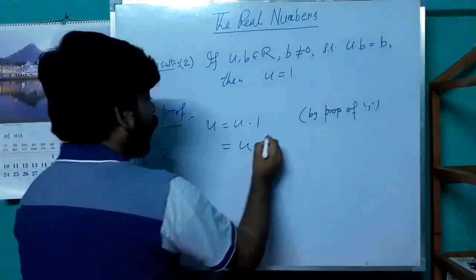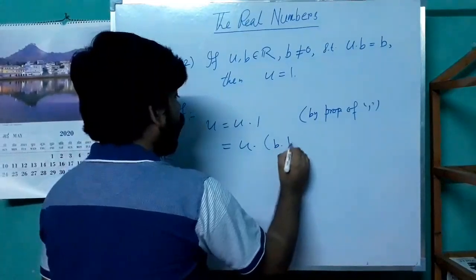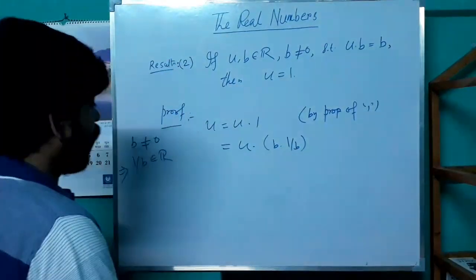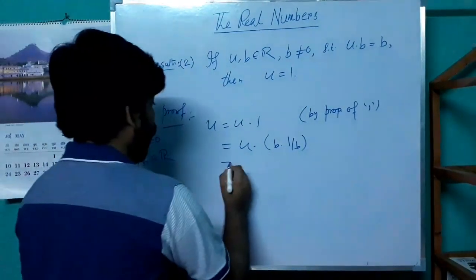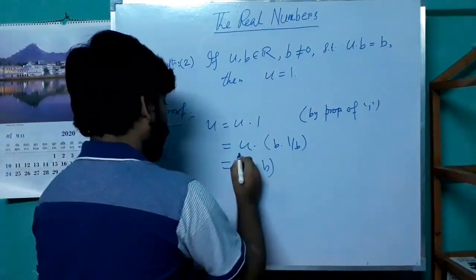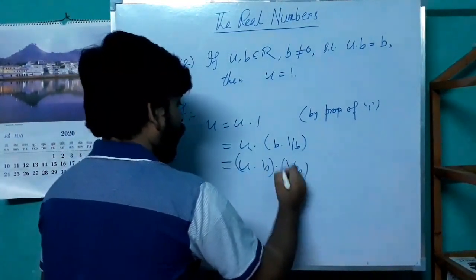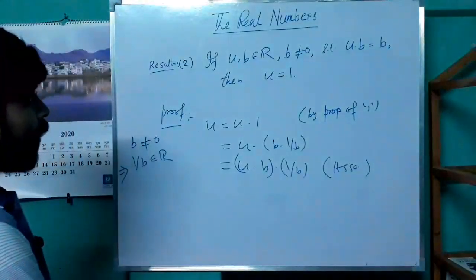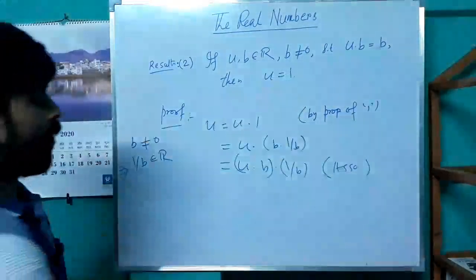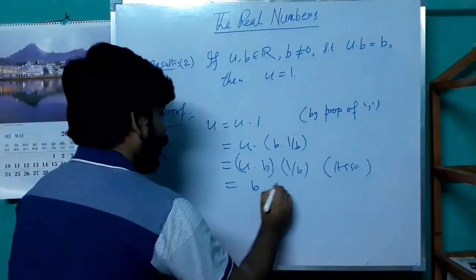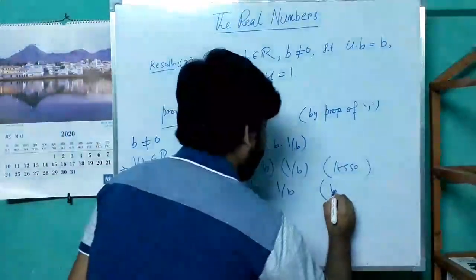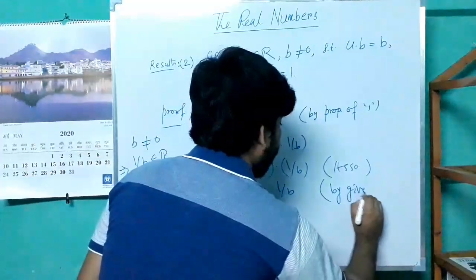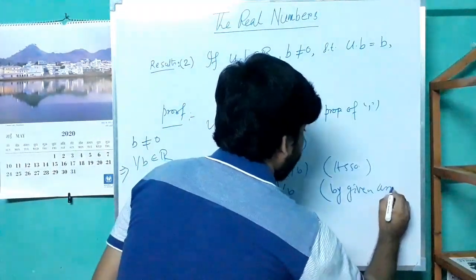So we can write 1 equal to B into 1 by B. Now we apply the associative property. Given that U dot B equal to B, so B dot 1 by B, by the given assumption.